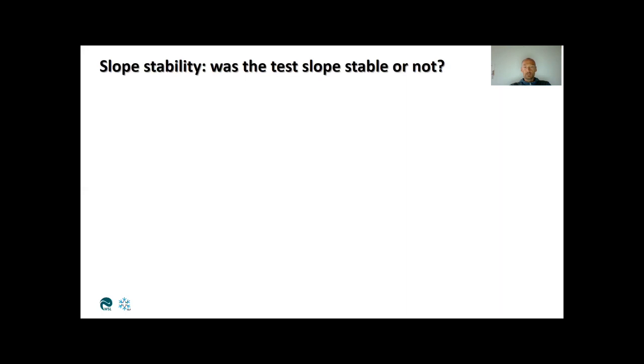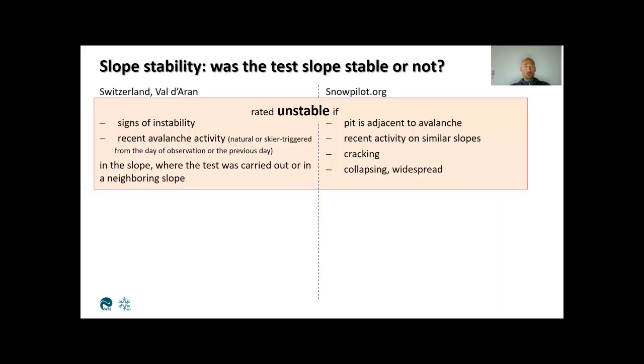To do this slope stability rating, we went through the information provided with the profile, and we considered an ECT location or ECT slope as unstable if signs of instability were observed or recent avalanche activity had occurred in the slope where the test was carried out or in a neighboring slope.